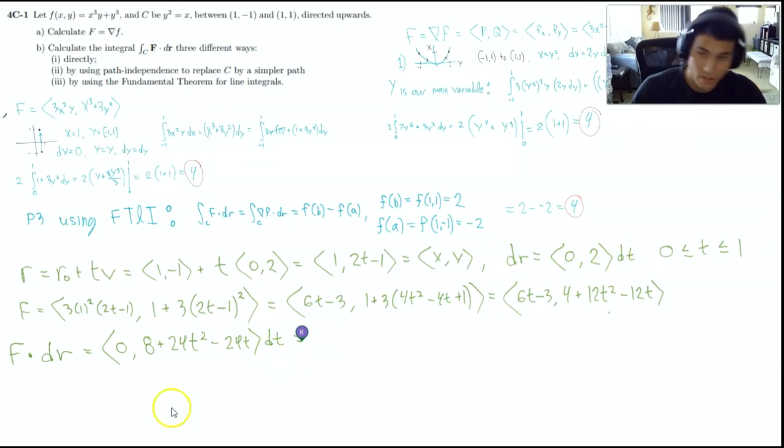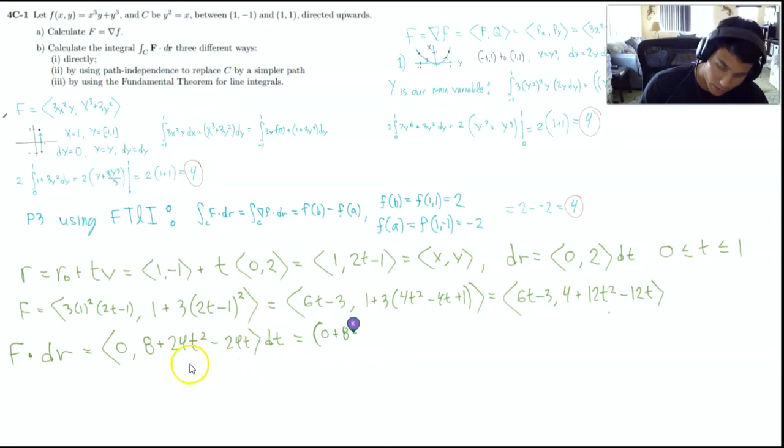But remember, this was a dot product, another word for which is a scalar product, so we can get rid of this vector notation and write it as a parenthesis: 0 plus 8 plus 24t squared, minus 24t, dt.